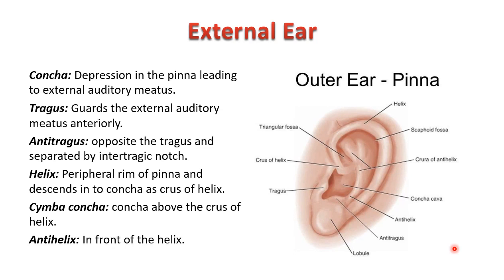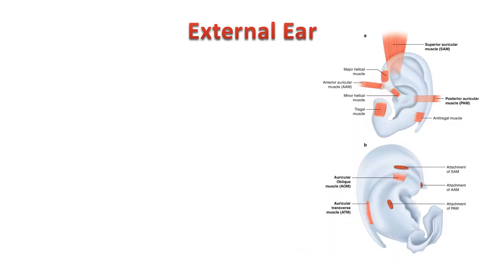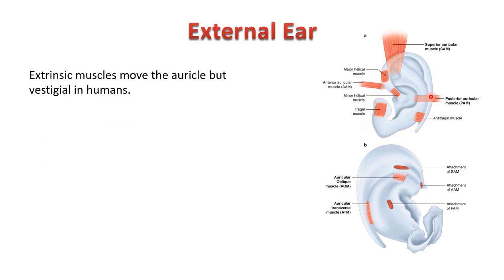So that is about the parts of the external ear. Deep to the skin, there are also muscles attaching to the auricle, called the auricularis superior, anterior, and posterior. These muscles come under the muscles of facial expression.